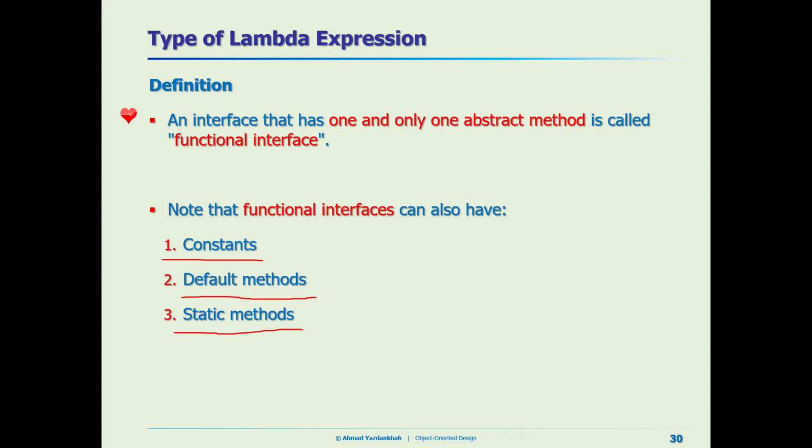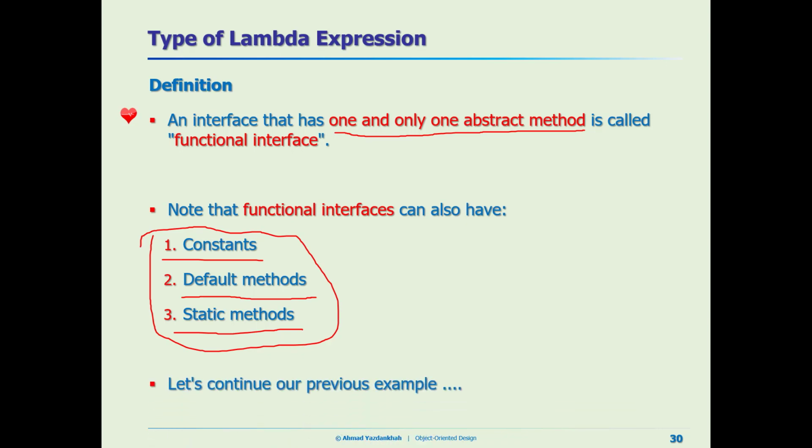But they should have only one and only one abstract method. The other things we don't care about, but this one and only one is a very critical thing here. Okay? Let's continue our example right now.